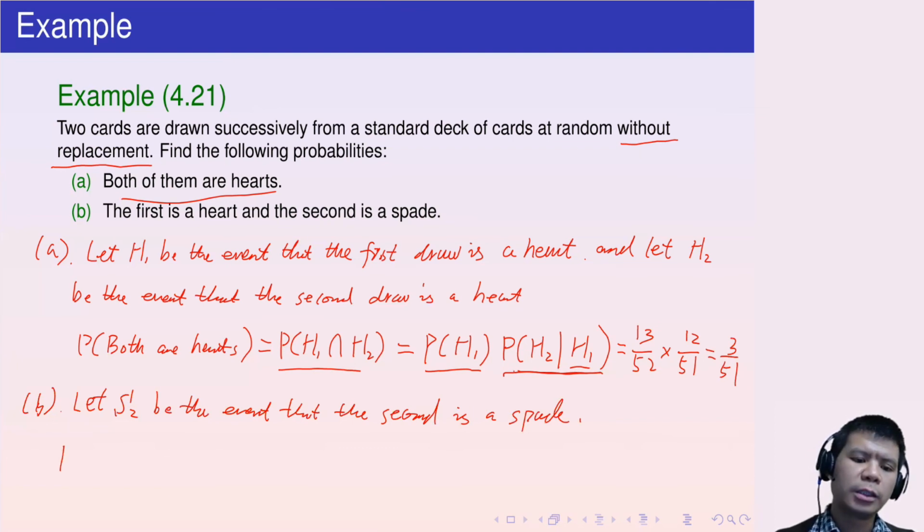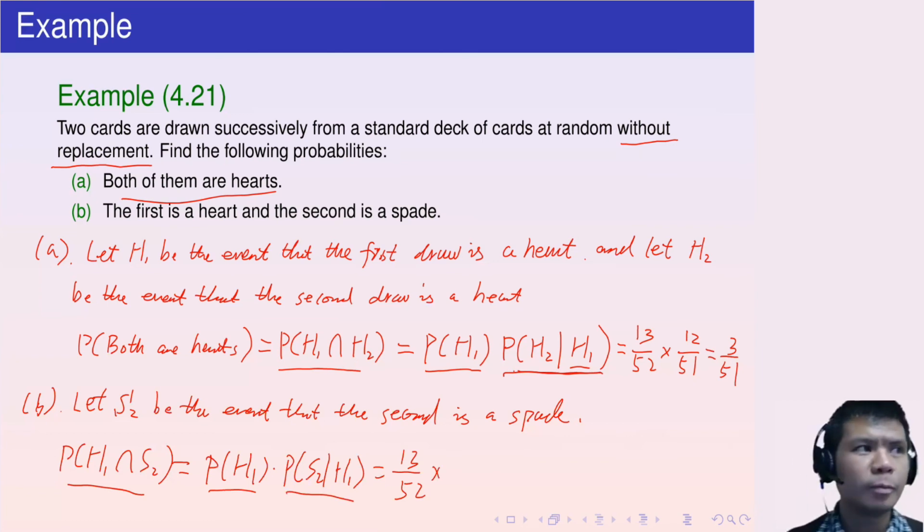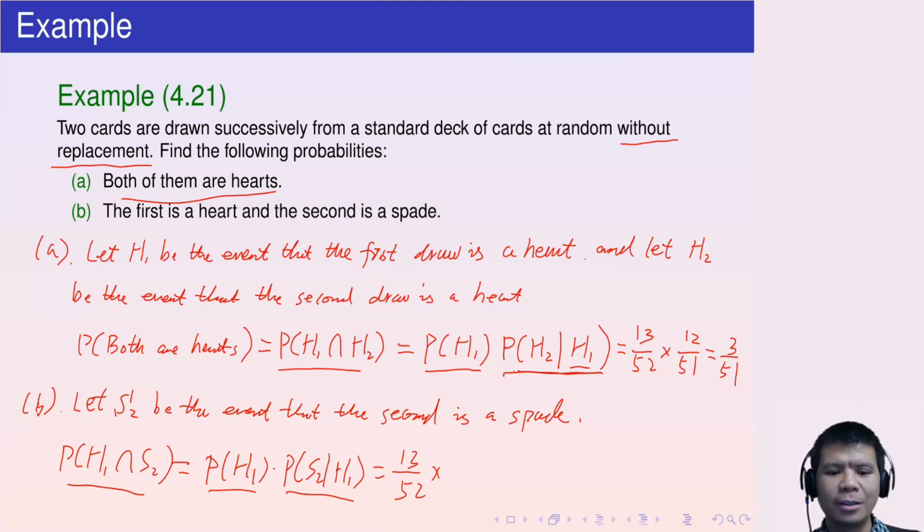So therefore, the probability that the first is the heart and the second is a spade is, similarly using the product rule, the probability of H1 times the probability of S2 given H1. This one is the same, 13/52. Now, what about this conditional probability? Given that the first is the heart, what is the conditional probability that the second is a spade?